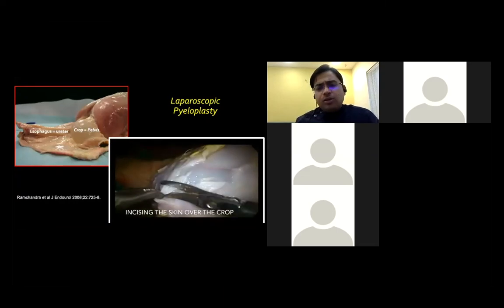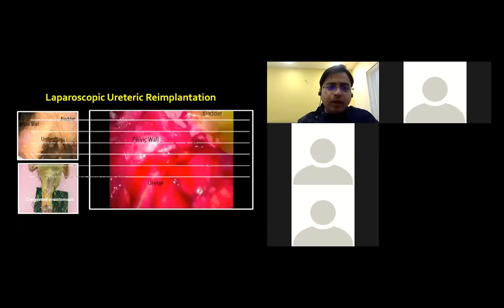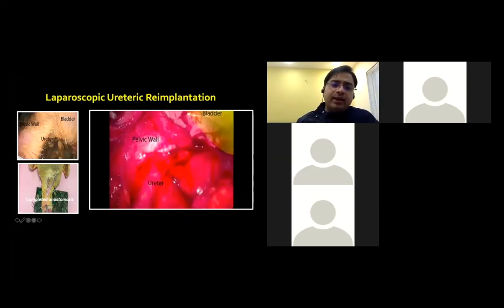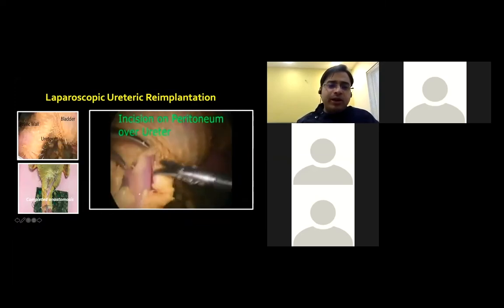You could also learn a ureteric reimplantation. This is what we presented and published subsequently in the Indian Journal of Urology. So you orient the same model with the head towards the operating surgeon and the body away.